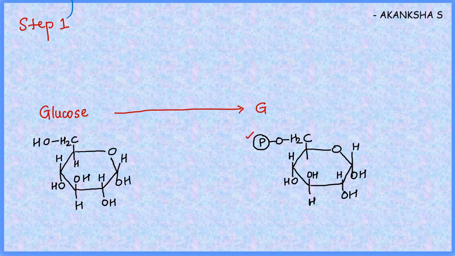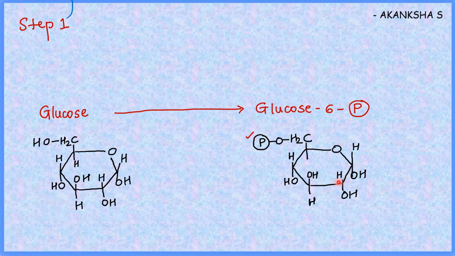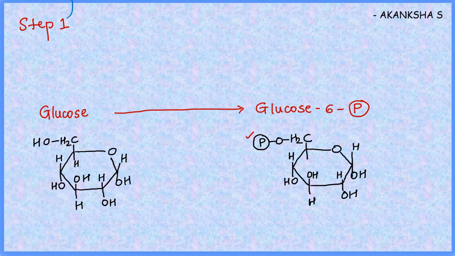So basically this is glucose 6-phosphate. Why 6-phosphate? Because the phosphate group is attaching on the 6th carbon: 1, 2, 3, 4, 5, 6. So on the 6th carbon, we have a phosphate group attached. Step number 1, glucose gets converted to glucose 6-phosphate.